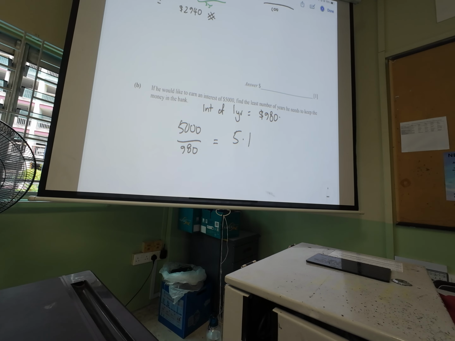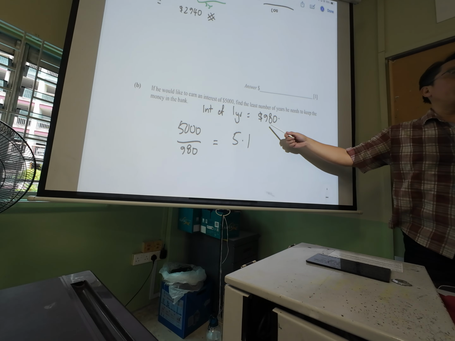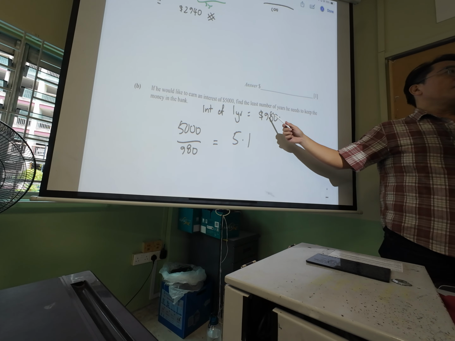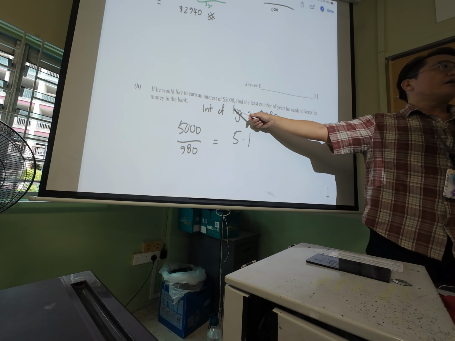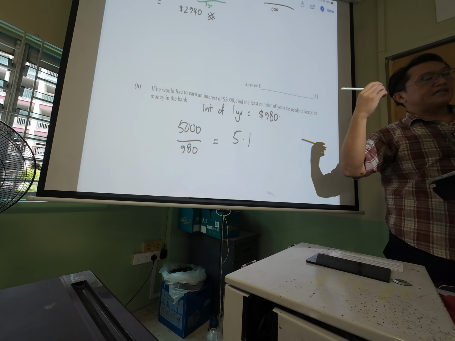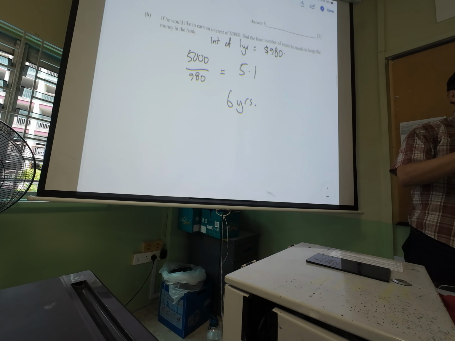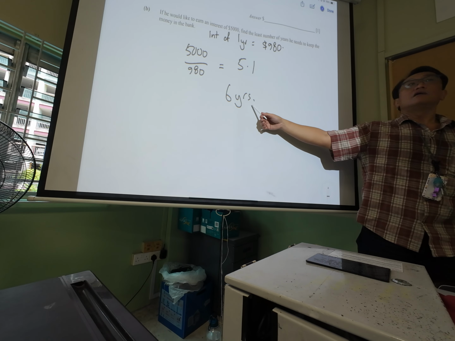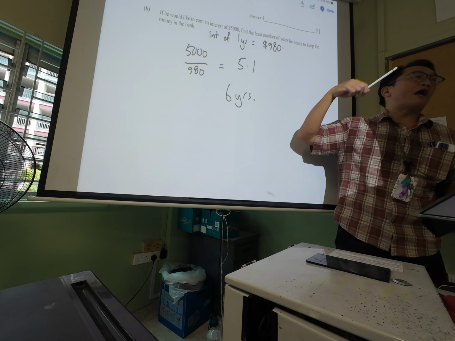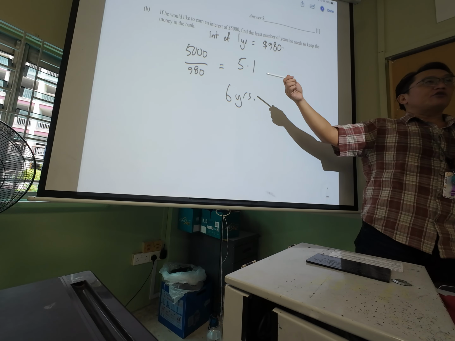But in the real world, the bank, they don't give you at 0.1 year. So if only after 5 years, I will only get 5 times of this, which is less than 5,000. So to reach 5,000, I have to at least round up my number. I have to stay for 6 years. Okay? So this question, this one is the difficult part. You have to know that you have to round up, because although 5.1 is closer to 5, banks don't work this way.